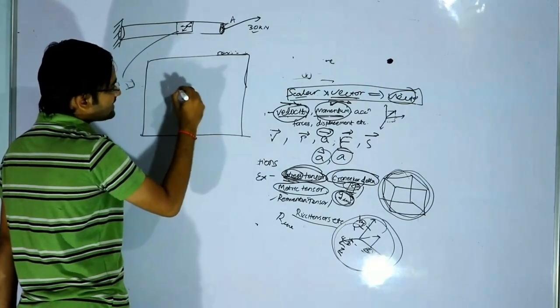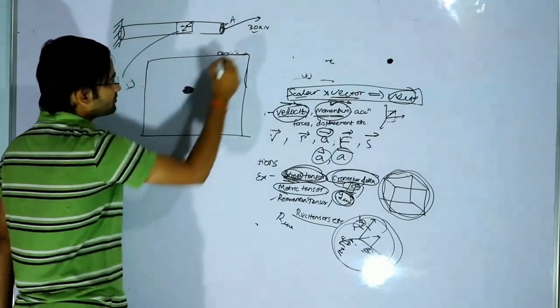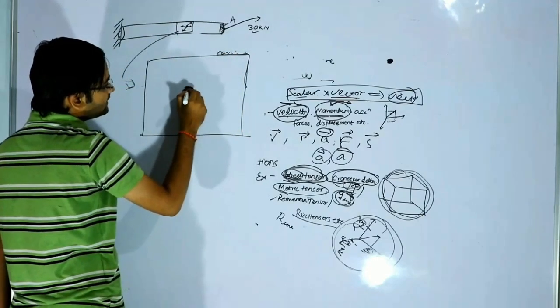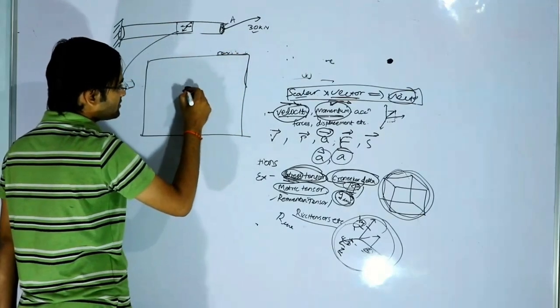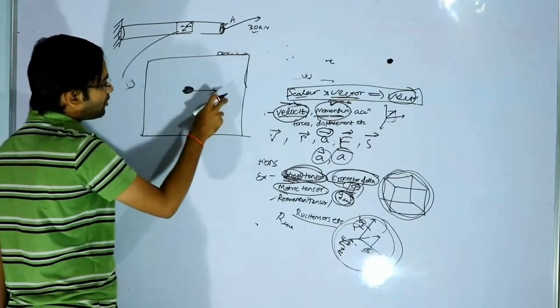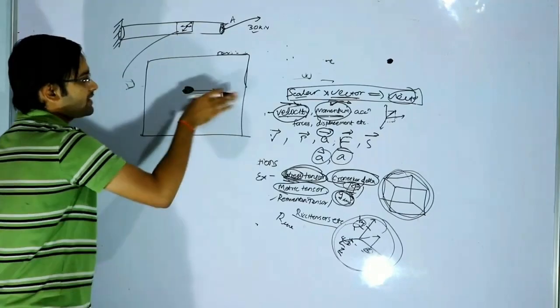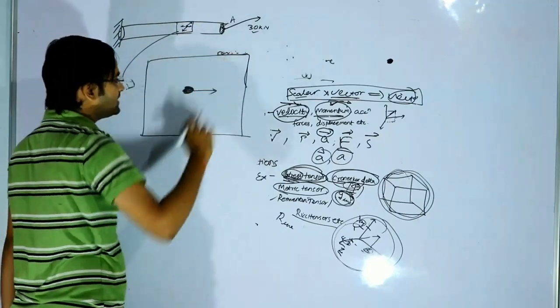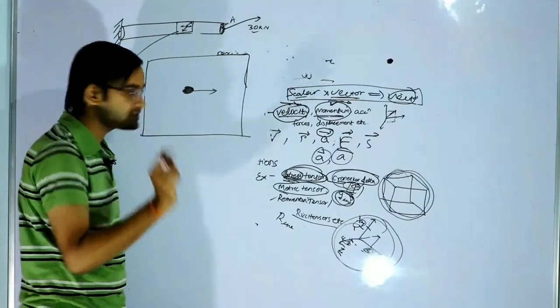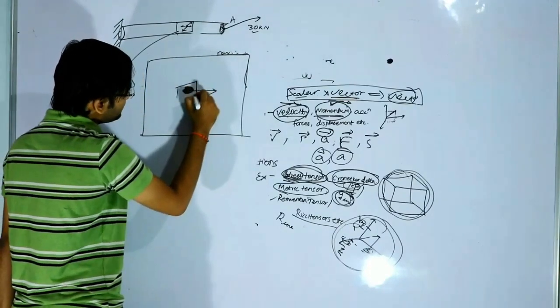For stress I need an area and a force, because stress equals force per unit area. So I need a force. I have to give you an arbitrary force. The force may be like this. It's not certain that it is horizontal along the x-axis; it may be in any direction, and I need to fix a plane, a little tiny surface on it. So I fix a surface on it.